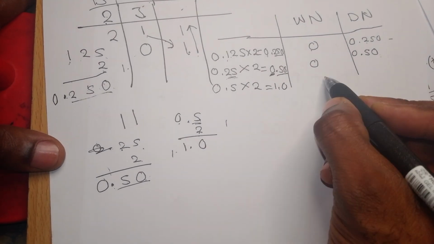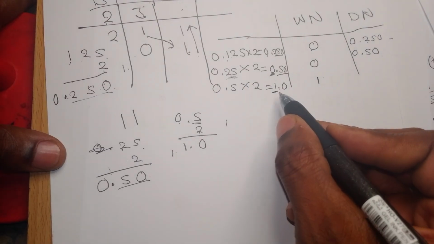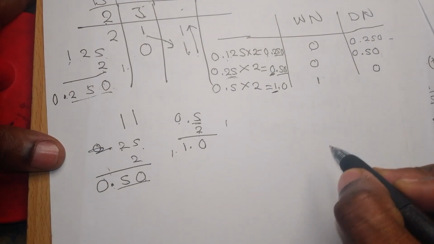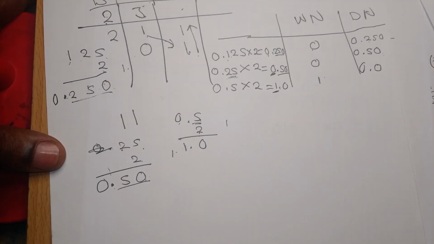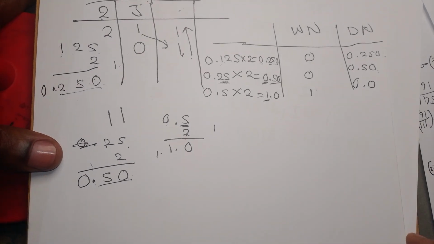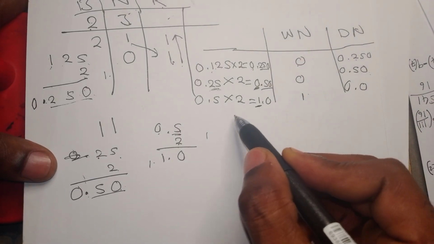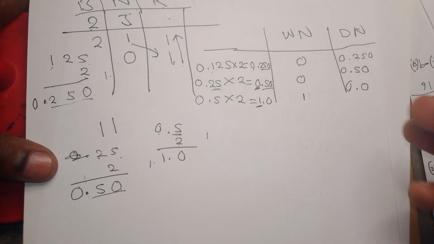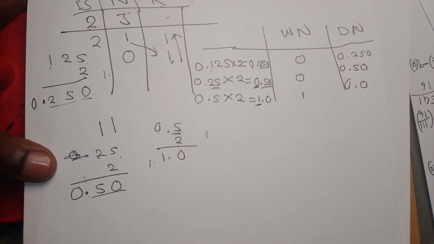So now you write the whole number part. The whole number part is a 1, and then the decimal part, which is a 0. But of course you write it as 0.0. So at this point you can stop, because if you get these zeros, you put them here, multiply by 2, you'll just be getting zeros. So this is where you end.